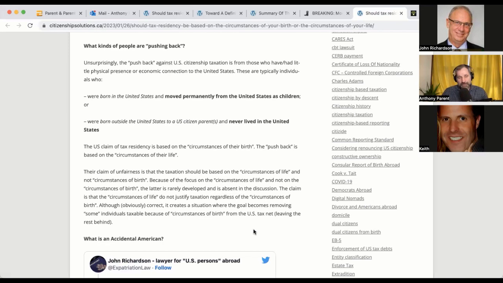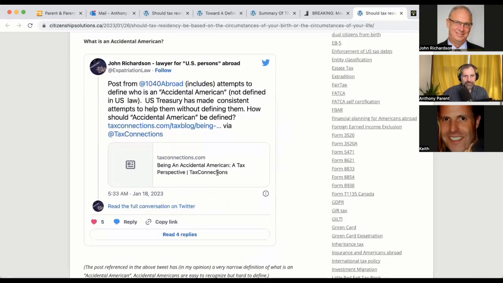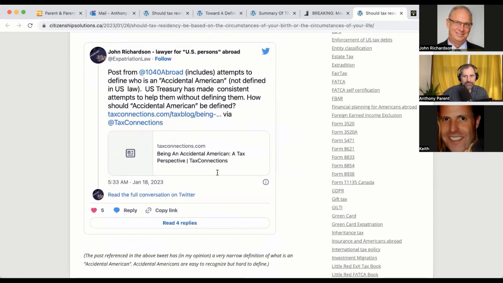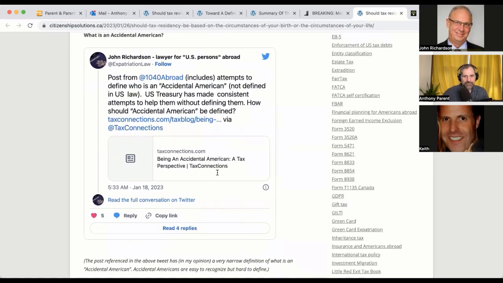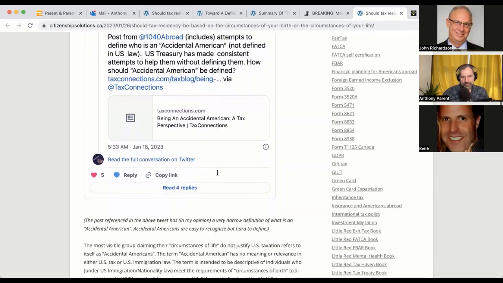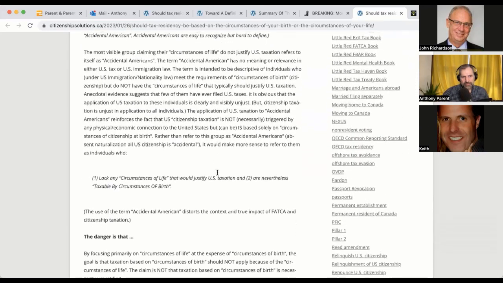Right. So, having said that, I think it's equally important that we talk about what people call residency-based taxation. And you certainly mentioned, as you were discussing the proper definition of CBT, that it's based on where you live in the world, not your circumstance of birth.